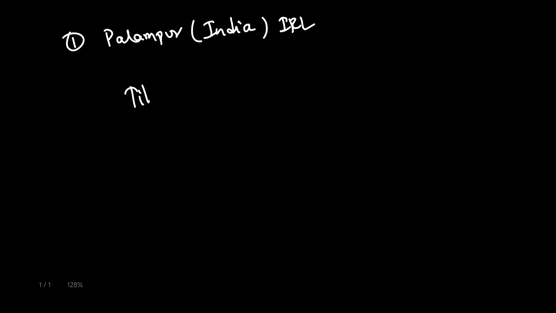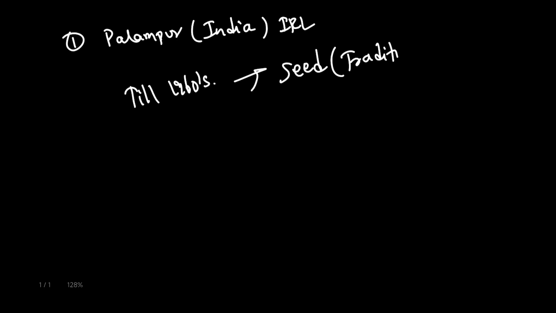So what happened in Palampur was, or you can consider this for both India and real life. Till the 1960s, the traditional seeds were used. Seeds were of traditional type. So the traditional seeds used to give low yield.